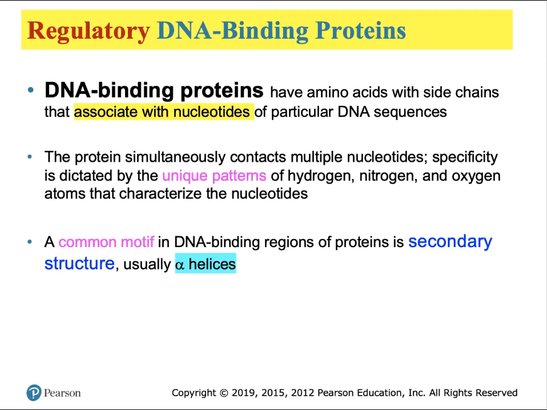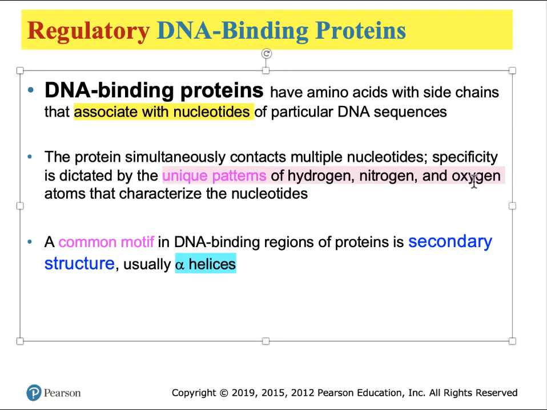So it comes down to the unique pattern and positioning of hydrogen, nitrogen, and oxygen atoms between the DNA and the regulatory proteins. The most common structure that's used is an alpha helix. An alpha helix is a right-handed spiral made by the protein that connects its atoms deep inside the DNA molecule.